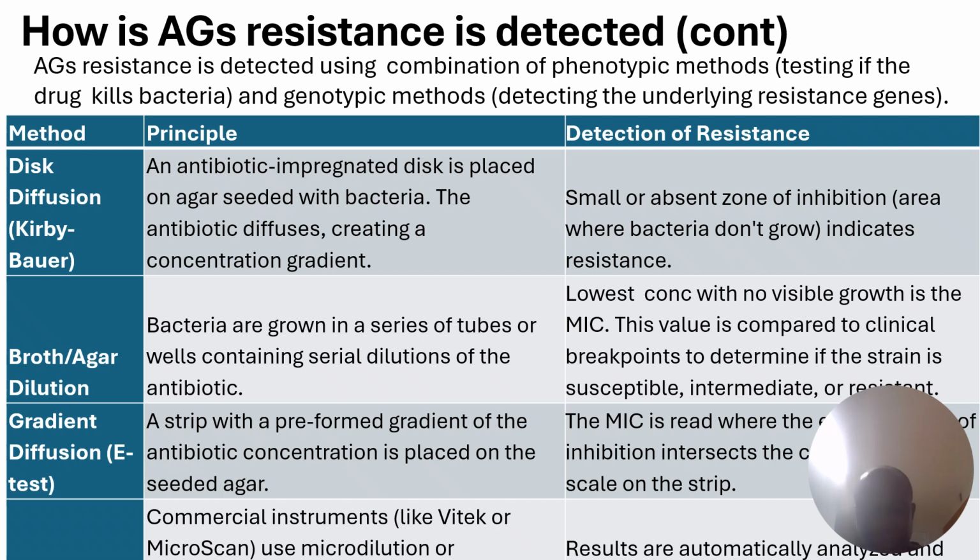In disk diffusion, an antibiotic-impregnated disc is placed on agar seeded with bacteria. The antibiotic diffuses, creating a concentration gradient. A small or absent zone of inhibition, that is the area where bacteria don't grow, indicates resistance.